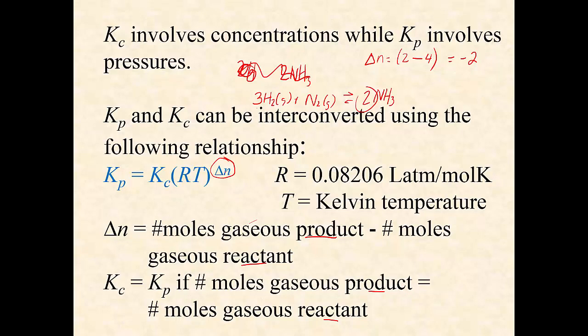So if delta n is 0, this whole value becomes 1, and Kp will equal Kc when you have the same moles of gas on the reactant side and the product side. That actually shows up quite a bit. So if you're going to do this, I would definitely check to make sure, oh wait, are they trying to trick me? Do my moles of gas change?